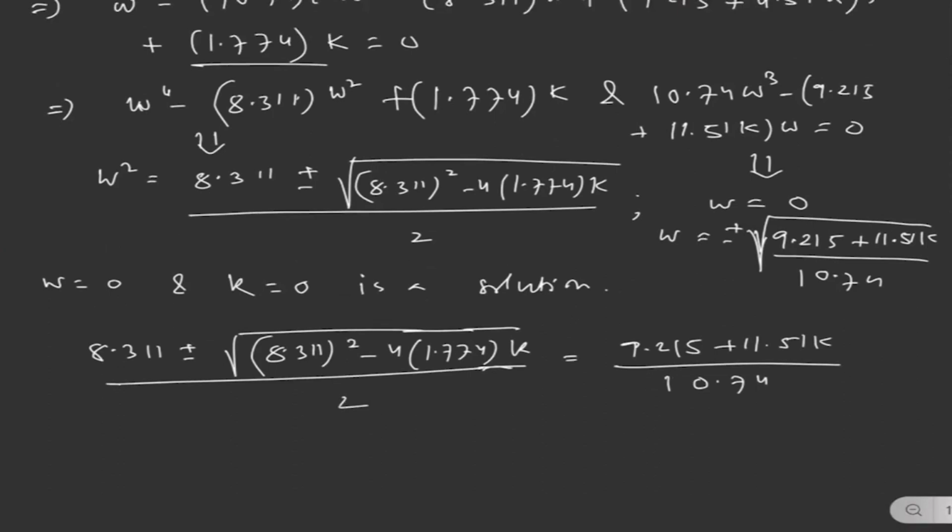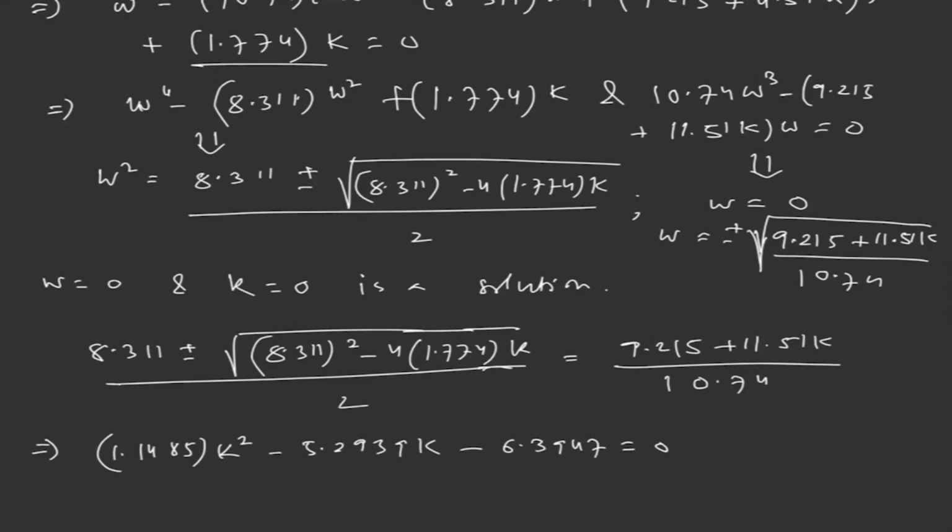So here we can write this expression, and after simplifying this expression we are getting 1.1485 K square minus 5.2939 K minus 6.3947 equal to 0.